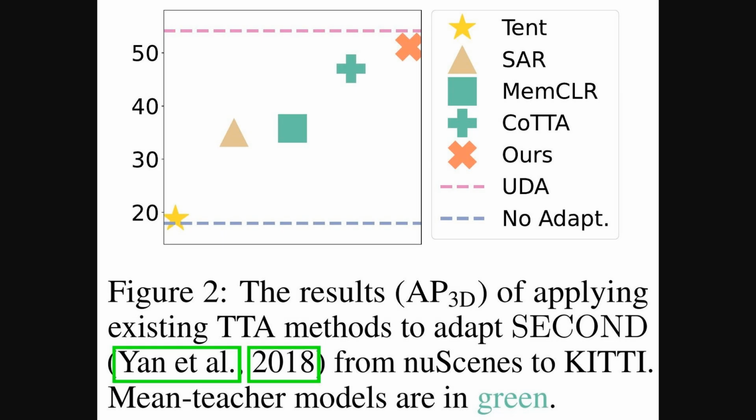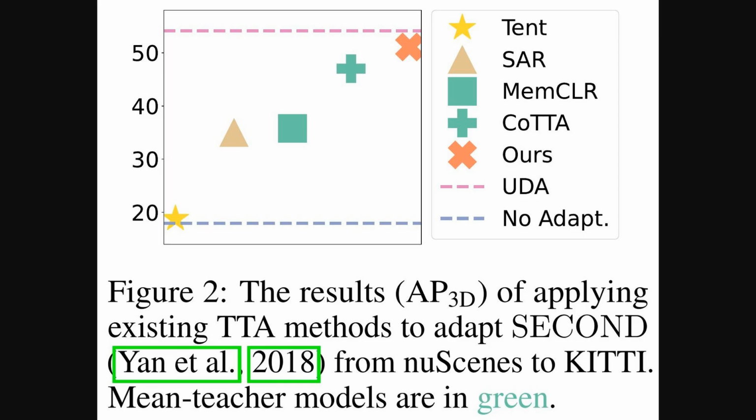Building on that understanding of domain shifts, this figure then illustrates how current test time adaptation methods actually fare, especially since many were designed for 2D tasks. The plot shows performance using AP3D, that's average precision for 3D object detection, a score for accuracy, when a model trained on new scenes is applied to KITTI.